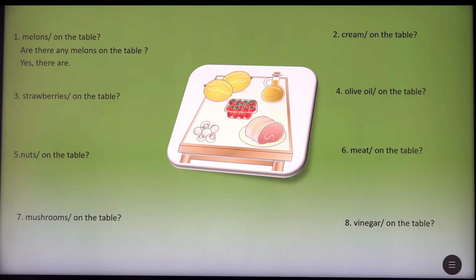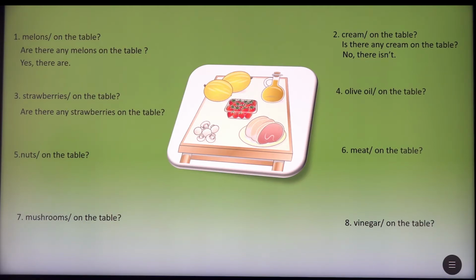The second, cream on the table. The question is, is there any cream on the table? So can you see the cream on the table? No, there isn't. The next one, strawberries on the table. The question is, are there any strawberries on the table?